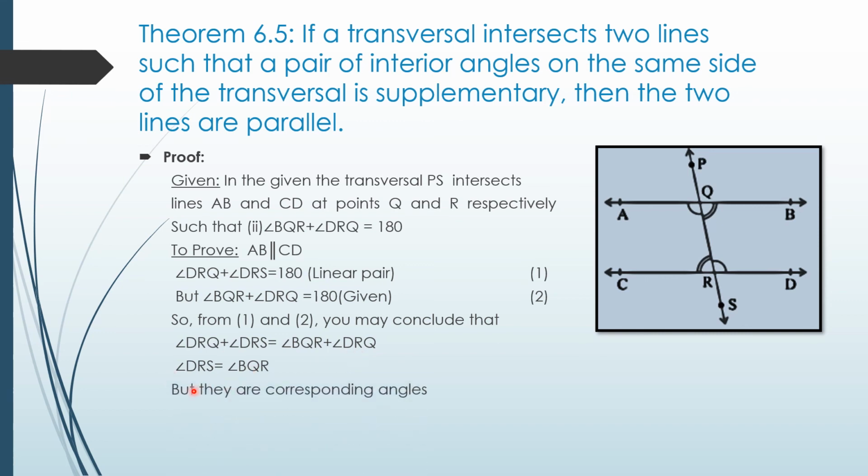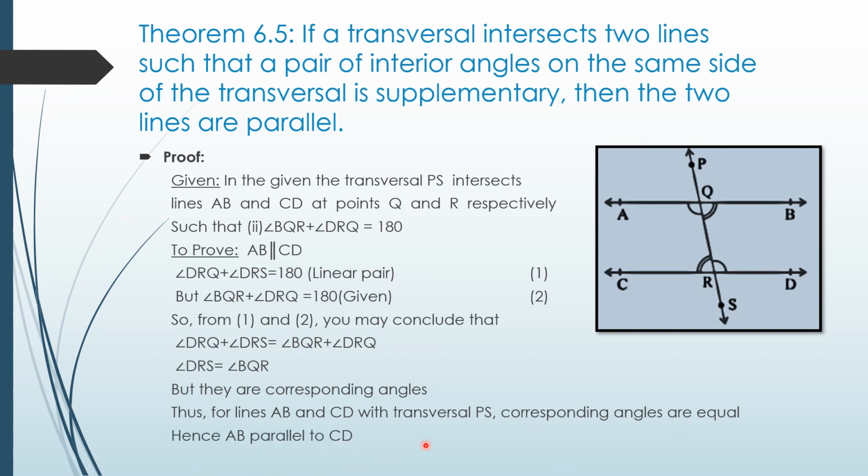But they are corresponding angles. Here you can clearly see that DRS and BQR are corresponding angles. And when corresponding angles are equal, that means the lines are parallel. So thus for lines AB and CD with transversal PS, corresponding angles are equal, hence AB is parallel to CD.